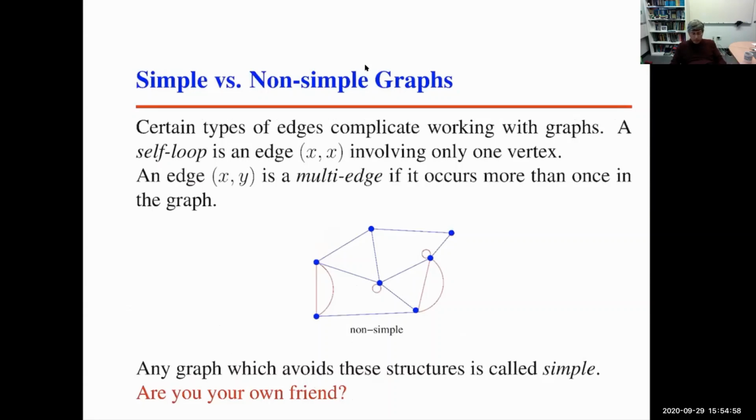There is another distinction between graphs that is important to talk about, which is whether a graph is simple or non-simple. I'll claim that there are certain kinds of pathological edges. Pathological, let's say, means different. For example, a self-loop. If I have an edge from me to me, that is a self-loop.